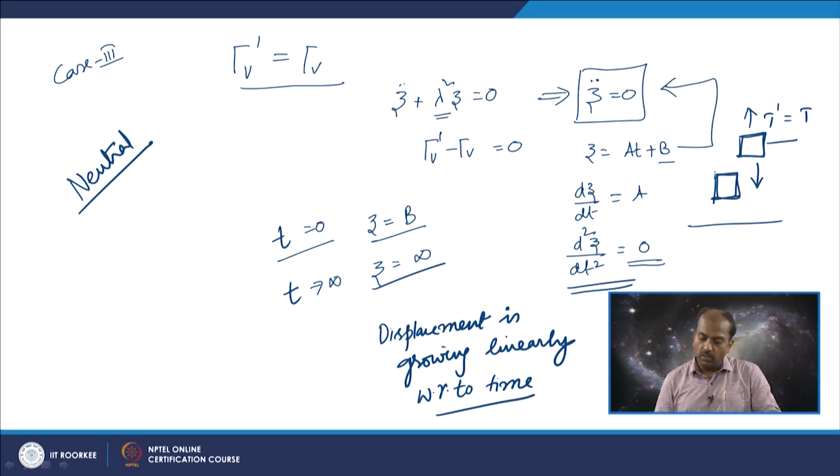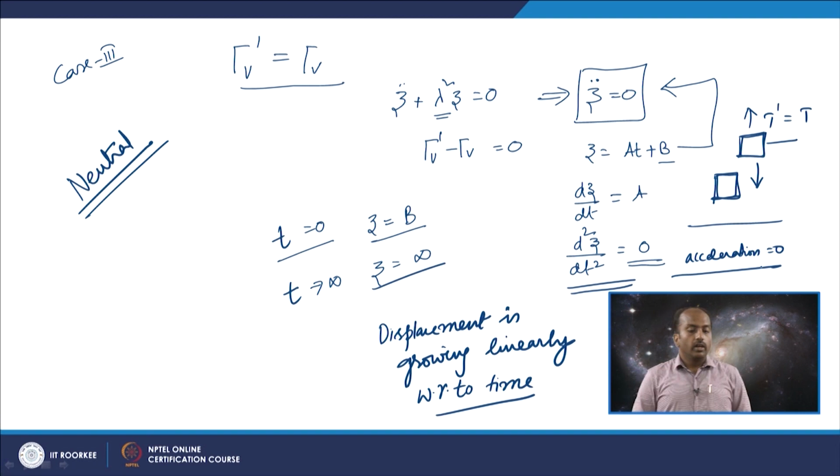So the equilibrium position is away from the original equilibrium position. This situation is called the neutral equilibrium or neutral state. And most importantly, the acceleration of the air parcel is 0. So this is the difference.